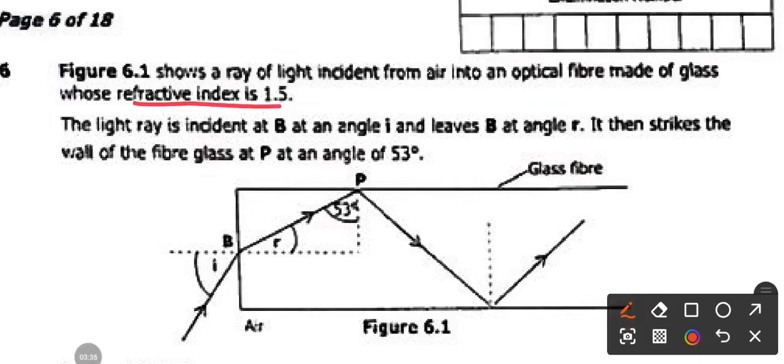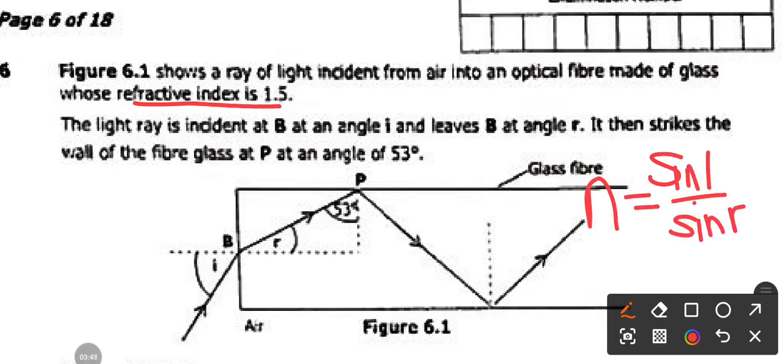So from Snell's law, the refractive index, n, is equal to the sine of the angle of incidence over the sine of the angle of refraction.